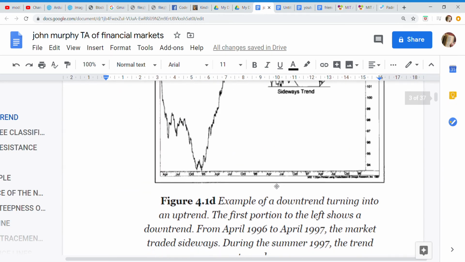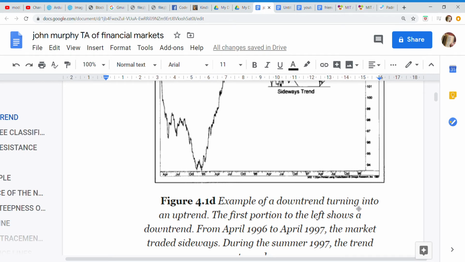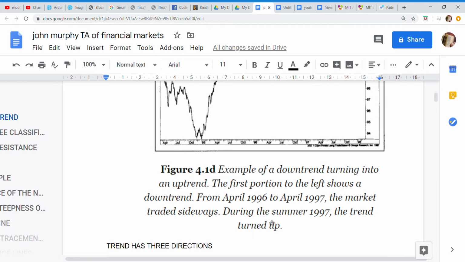Now the example of a downtrend turning into an uptrend. This is a new figure. The first portion on the left shows a downtrend. From April 1996 to April 1997, the market traded sideways. During the summer of 1997, the trend turned up.